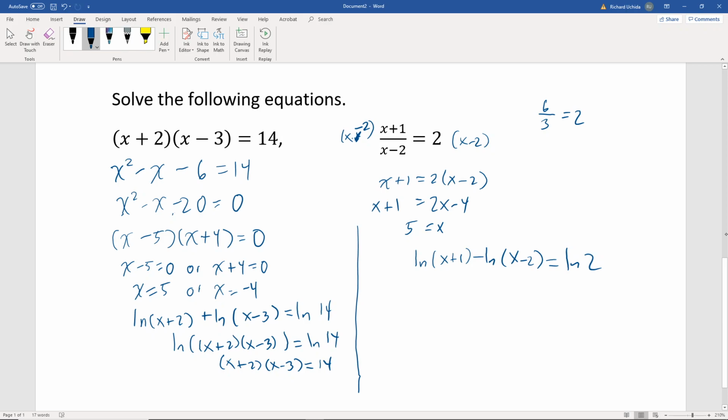And then if we have those two single logs equal to each other, then what's inside the logs would be equal, and we'd end up with that equation we just solved, x plus 1 over x minus 2 equals 2. So you do have to remember some of your basic techniques for solving equations, because they may come up in your middle steps when you're solving exponential or logarithmic equations.